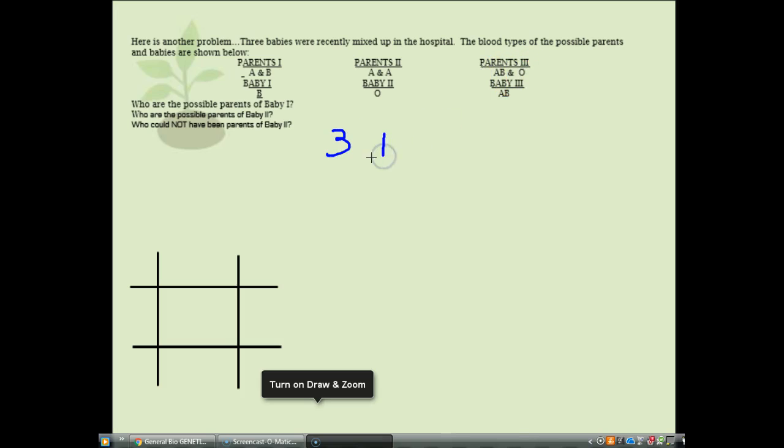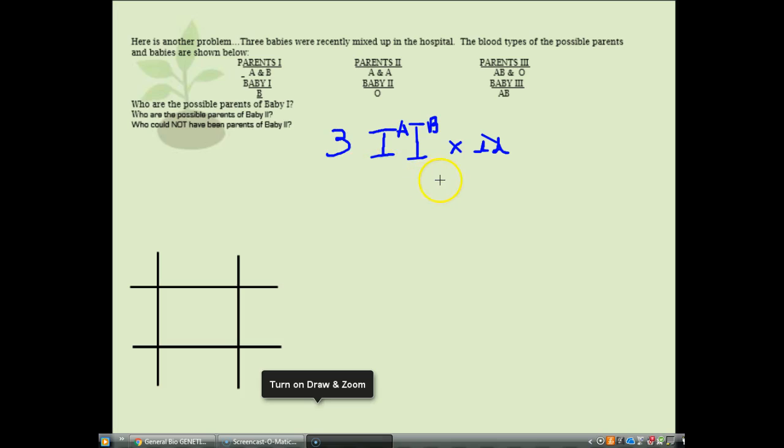So in order to have AB blood type, genotypically the AB parent can only look like this. And the O parent can only look like this. I'm not going to dot my I's, but you know that they're dotted.